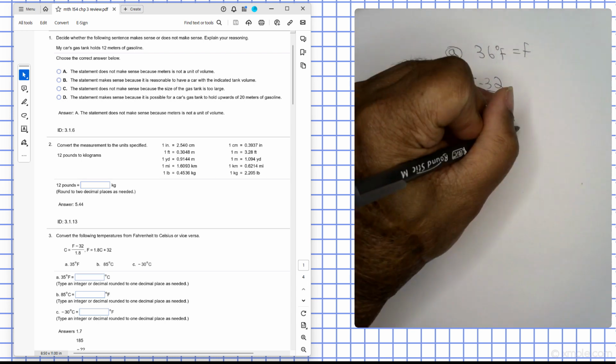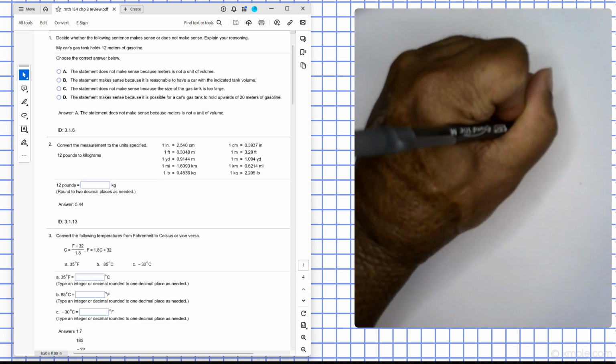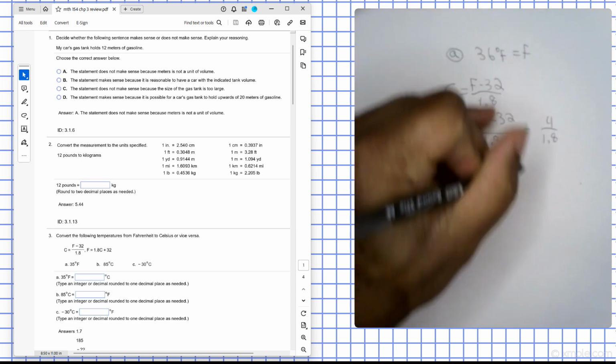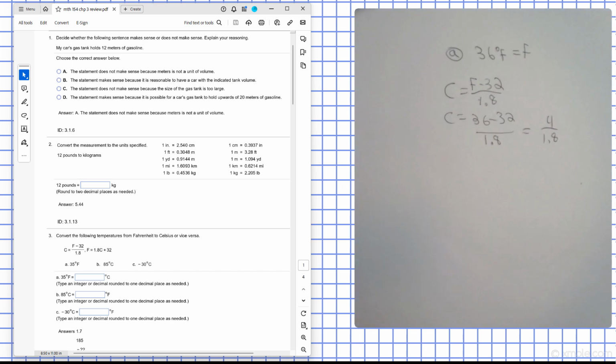So we end up with 36 minus 32 is 4 over 1.8, and we can divide 4 by 1.8.